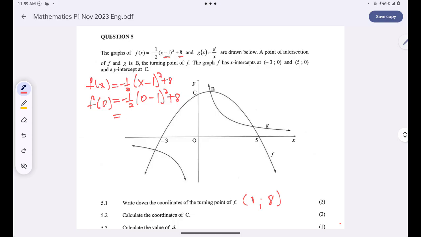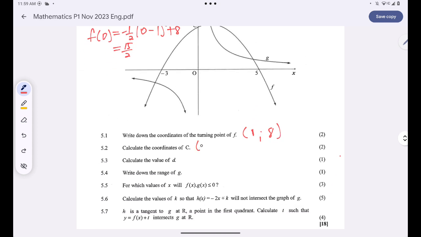This will be equal to 8 minus a half. That will be 15/2. Let me confirm. Yeah, 15/2. So the coordinates of c, I have 0 as my x, and then my y is just 15/2.